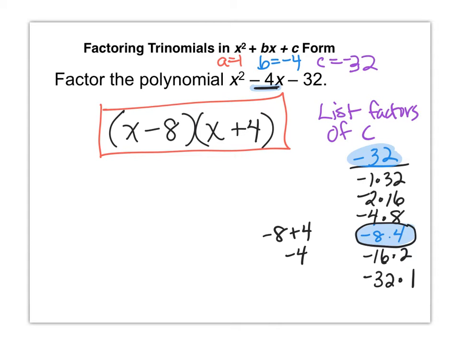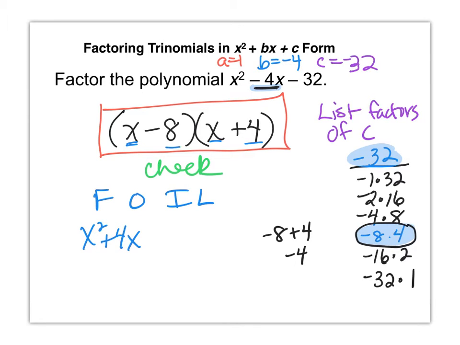The way we check our answer is by using the reverse of factoring. In this case, the reverse of factoring is the FOIL process. So the first, outer, inner, and last, we have x times x is x squared. The outer is x times a positive 4. X times 4 is plus 4x. The inner is negative 8 times x. That's minus 8x. And the last is negative 8 times a positive 4, which is negative 32.